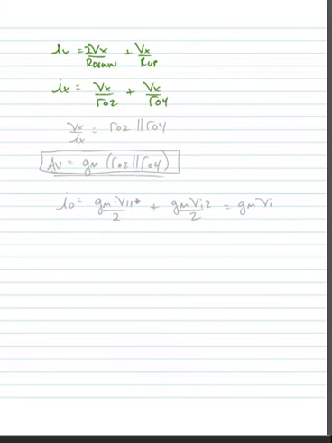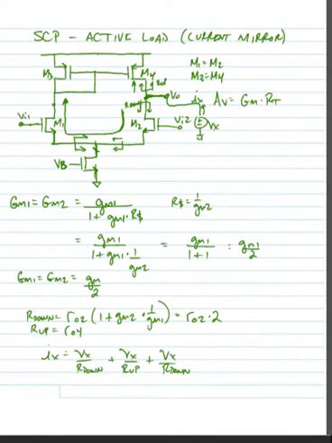The 2's cancel. Solving for this, we find that Vx over Ix is equal to RO2 in parallel with RO4. Before we realized that there is this current mirror action in this device, we might have guessed that the output resistance was RO2 in parallel with RO4, and we would have guessed correct, but it would have been for the wrong reason.